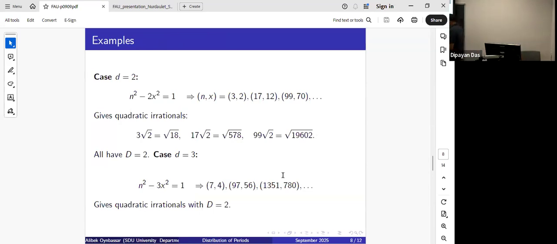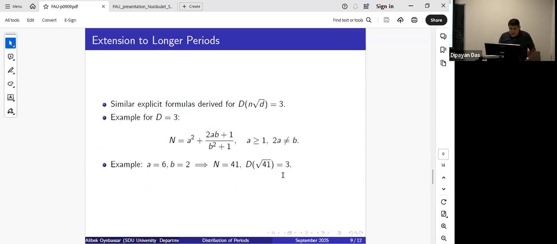They are related because in the Pell equation, we first guess a result, then we can find other results by the Pell equation method. We can see the same results in the continued fraction as well. All of these have period 2, so they converge to each other.